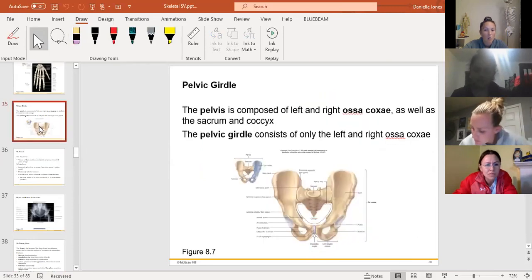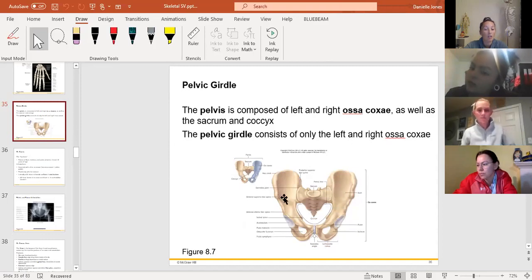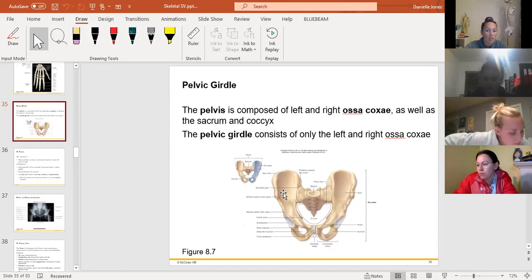Well, that's because one of them is the innominate bone that we're going to go over. The pelvic girdle is only when you have the right and the left innominate bone. But the pelvis is when you have all of it, the sacrum, the coccyx, and both innominate bones. So this is the pelvis all together. The pelvic girdle is only the right and the left innominate bones.